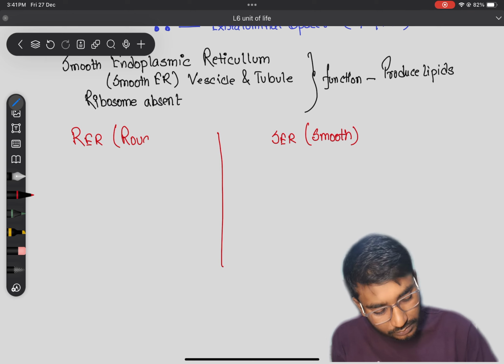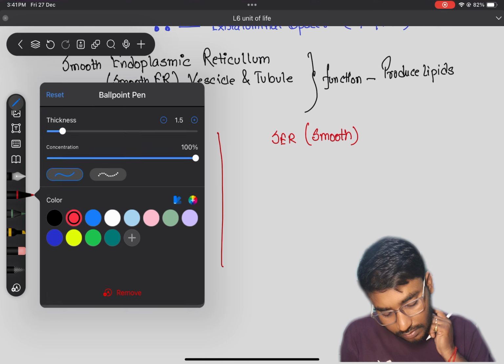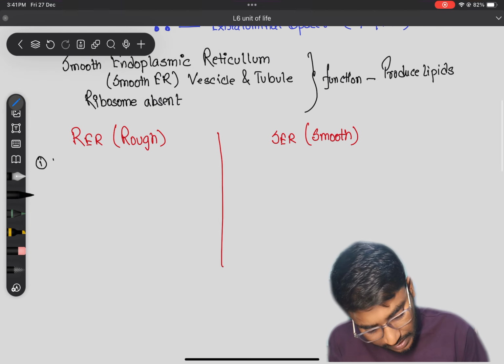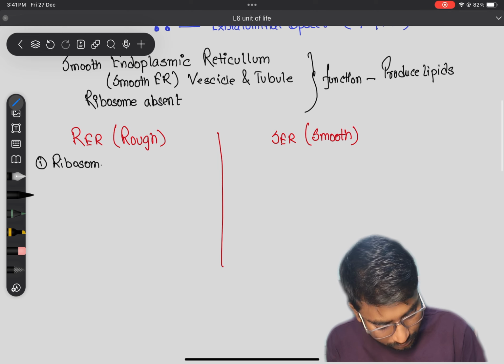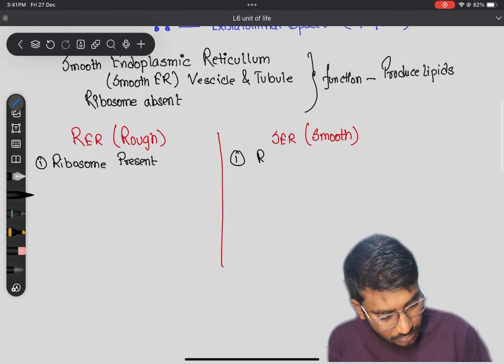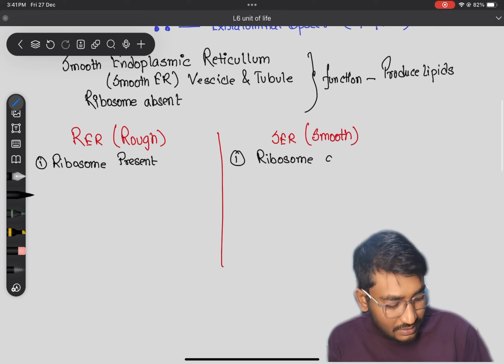This one is smooth and this one is rough. The RER contains ribosome, ribosome present. Here ribosome absent.